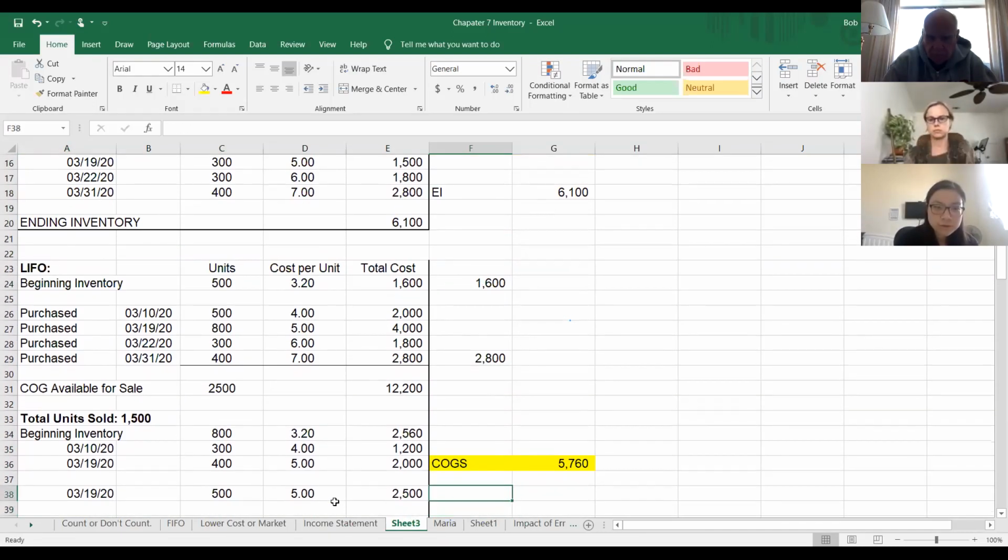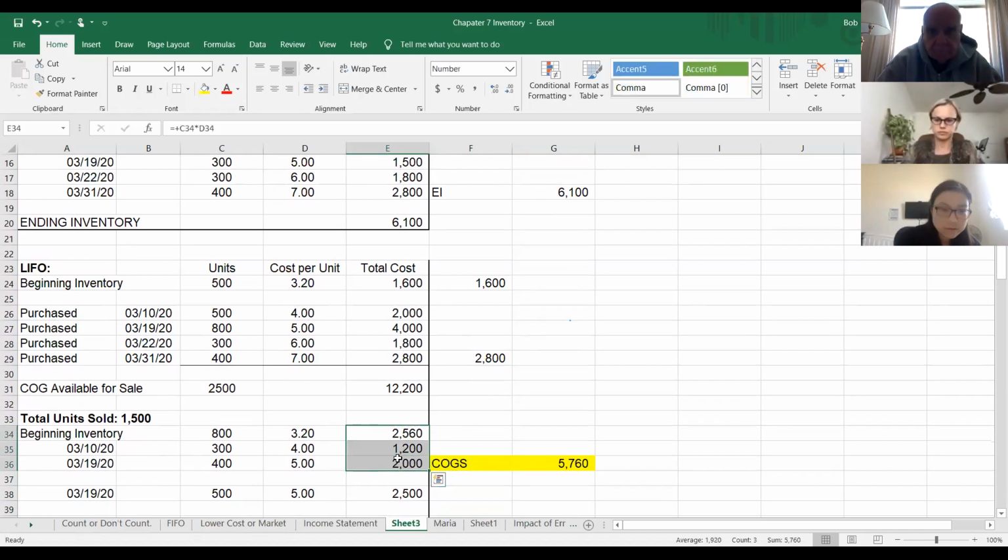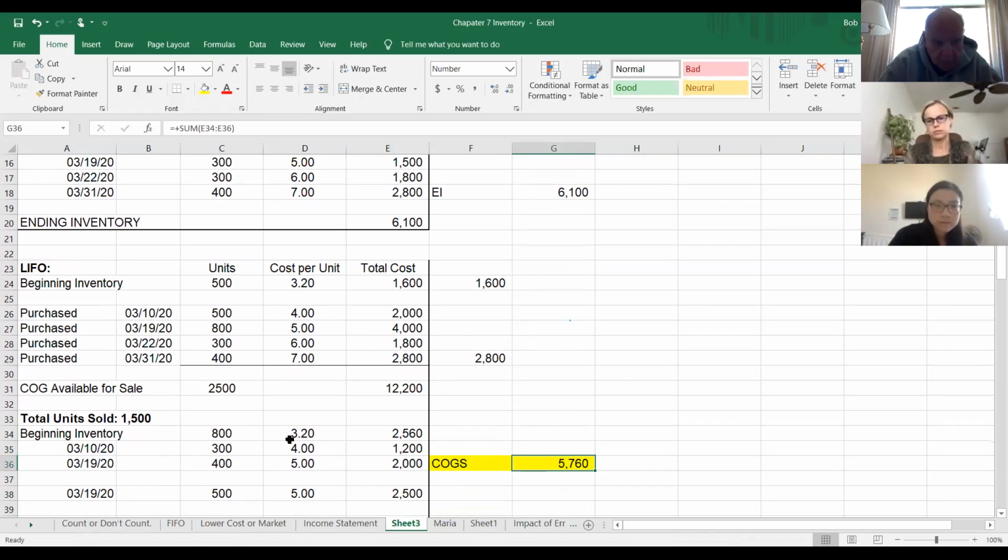We need to change the cost per unit. Cost of goods sold. Well, you know what I didn't do here?